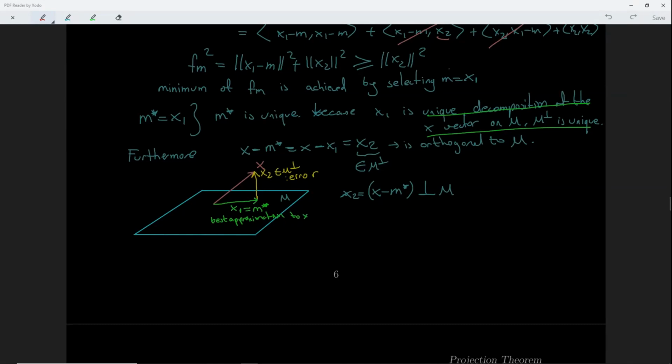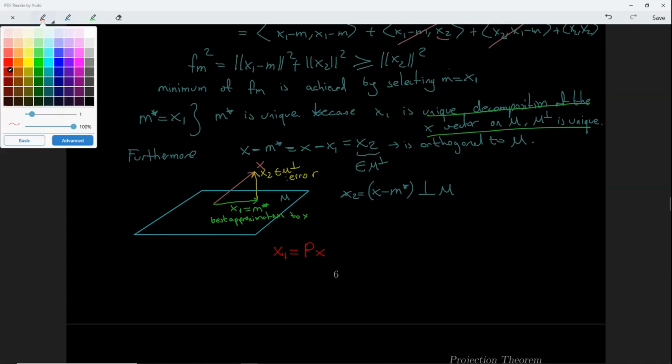We were trying to find this x1, the best approximation in M, and we were able to show that you can find that x1 by using a projection matrix. So we showed that x1 can be found for n-dimensional complex spaces by matrix multiplication, P times x.